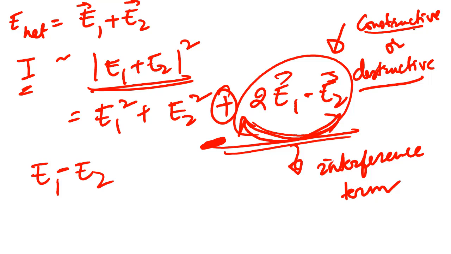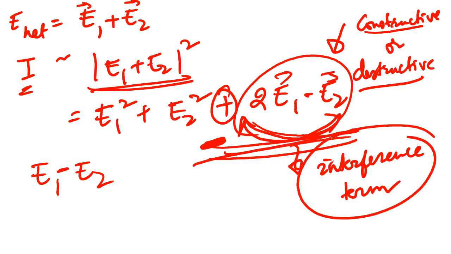But that is outside the scope of the first part of the optics course. In any case, it is this interference term that leads to either constructive or destructive interference.